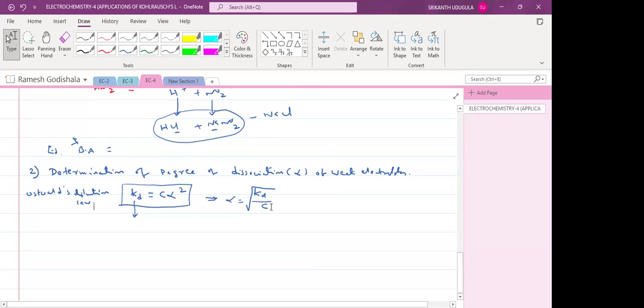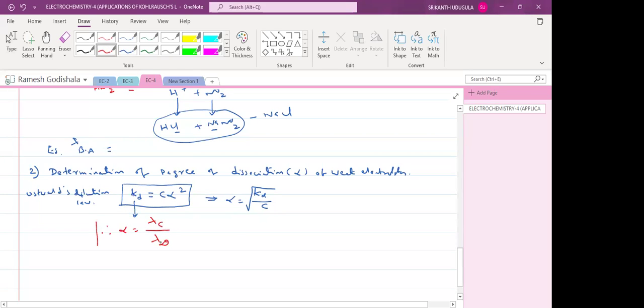Without knowing the concentration or KD, we can determine alpha by applying Kohlrausch law. Directly, alpha is equal to lambda C by lambda infinity.